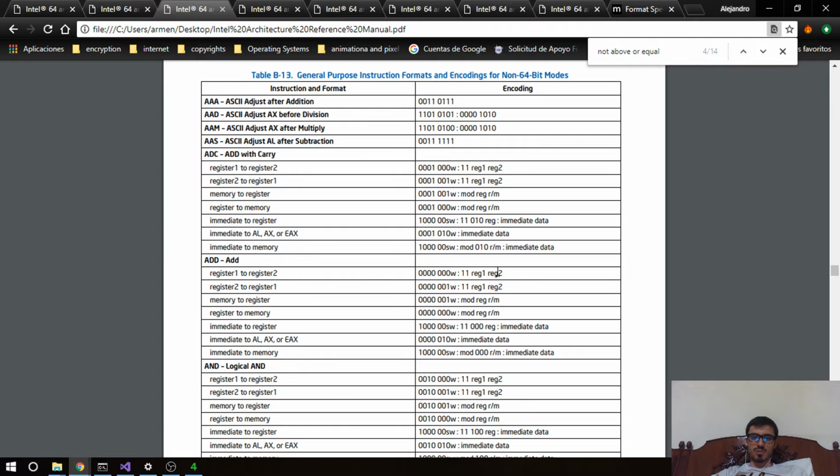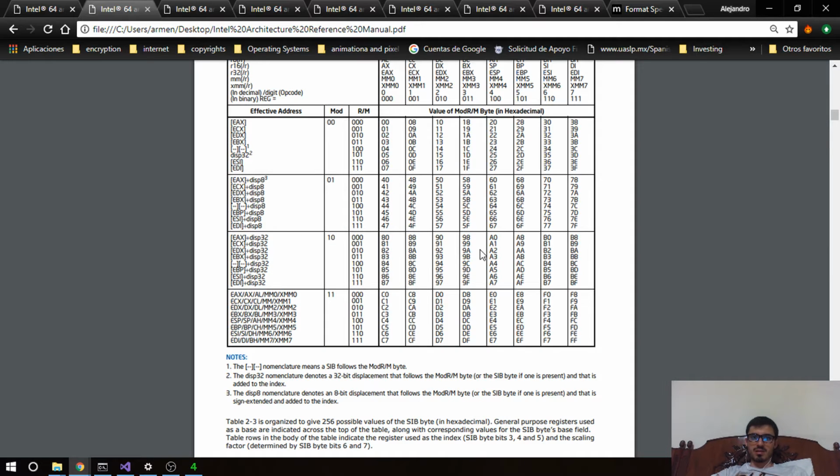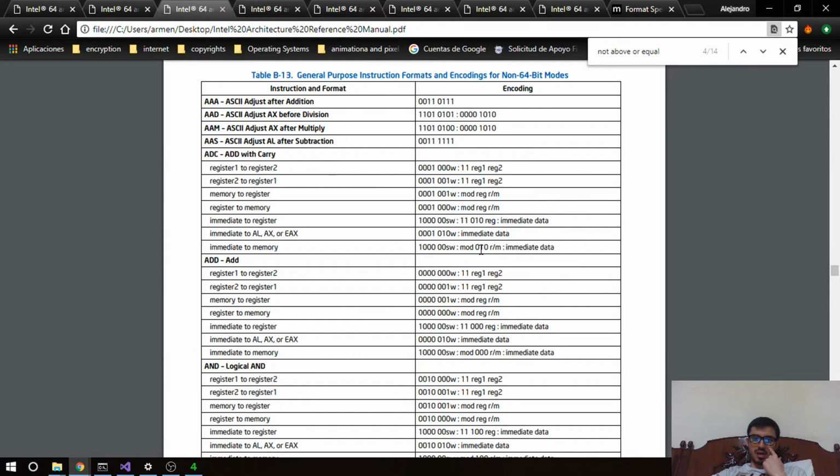So it should be more like this, for example, immediate to memory. This memory can be encoded in many ways. It all depends on 010. 010 in this case is going to say we have the DX, but the DX doesn't tell us much more than that we are using DX as an encoder.